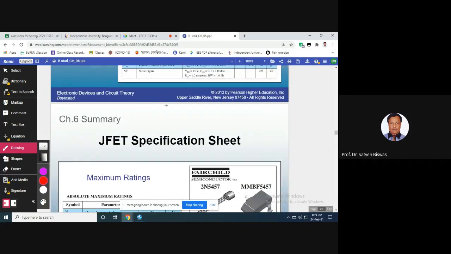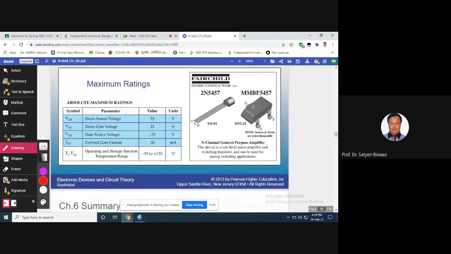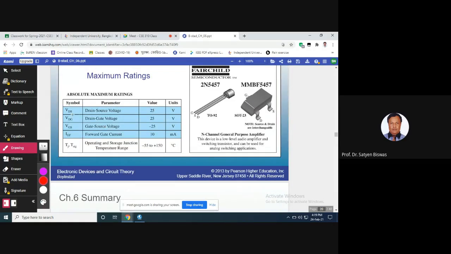There are also the symbols, the different configurations, this N channel, the company, and which terminal is drain, which is gate, right?